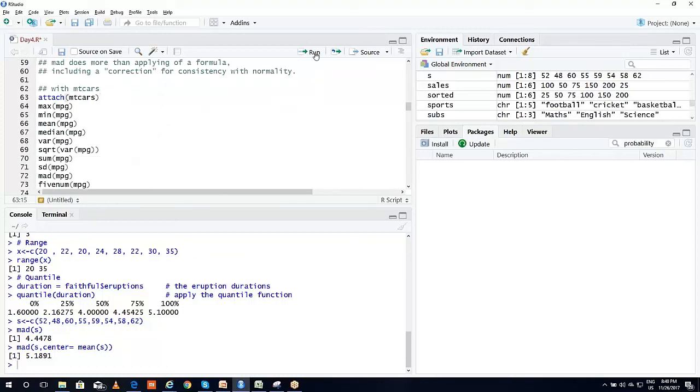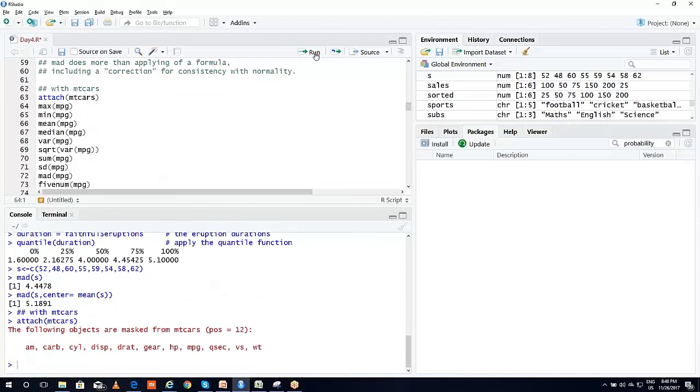Now with the mtcars dataset, I am attaching mtcars so that I don't have to explicitly say mtcars dollar MPG. I just say MPG and I'll be able to go ahead. So max MPG, of course, I don't have to display the mtcars dataset. Probably by now you know what MPG and other things are.